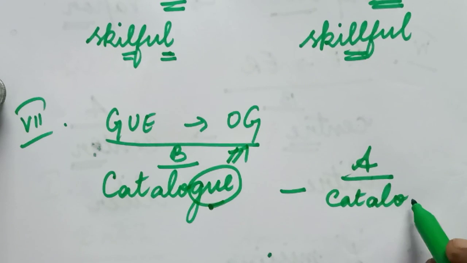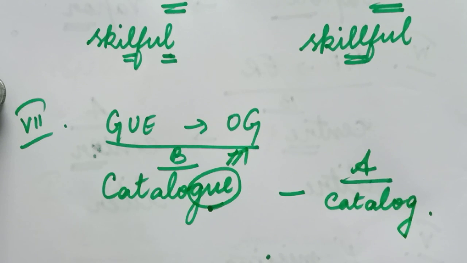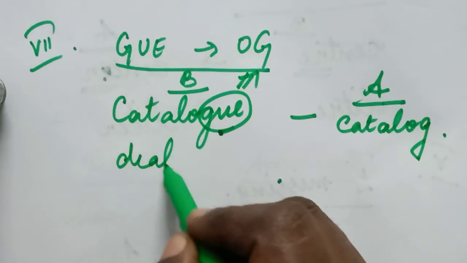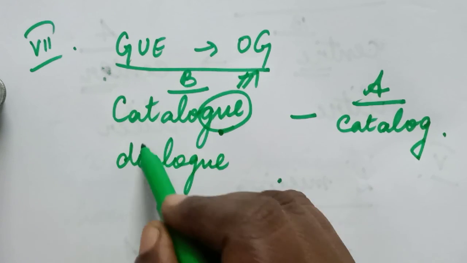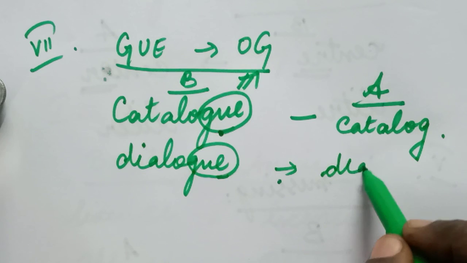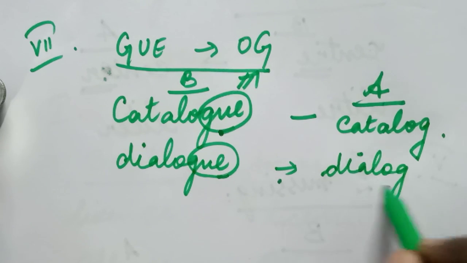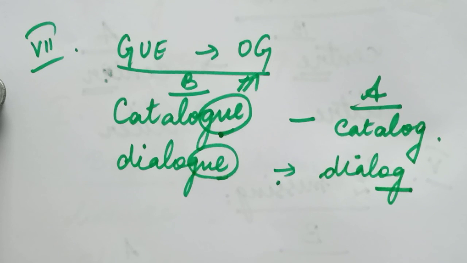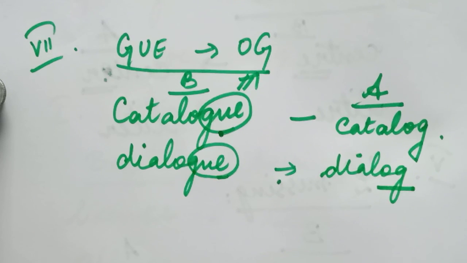OG, correct? So catalog, that's all. And similarly dialogue. So again this GUE should be replaced by OG, dialog. Okay, yes. And similarly we have several words which use this type of rule.